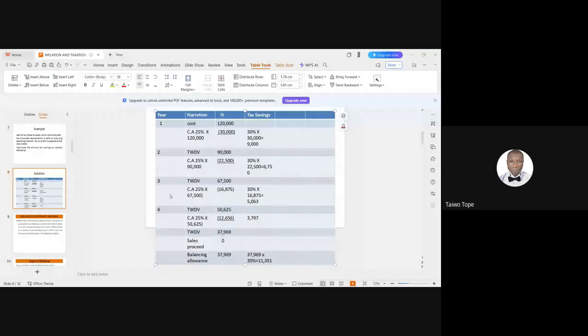So the question is this: why do we calculate capital allowance? This capital allowance, or tax savings, is used to reduce taxable profits.